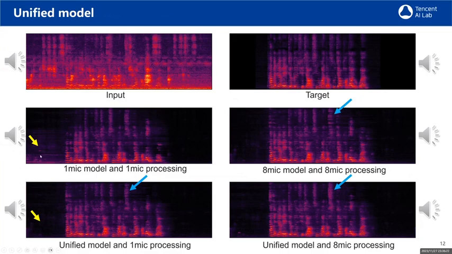We see there's some residual noise here. So here is an 8 mic model, trained just for supporting the 8 mics, and processing the 8 mics. It serves as the upper boundary. The bottom 2 outputs are the unified model, processing the 1 mic and processing 8 mics.